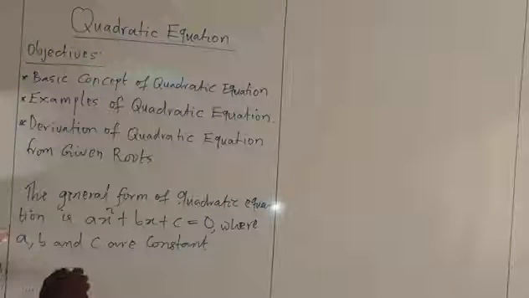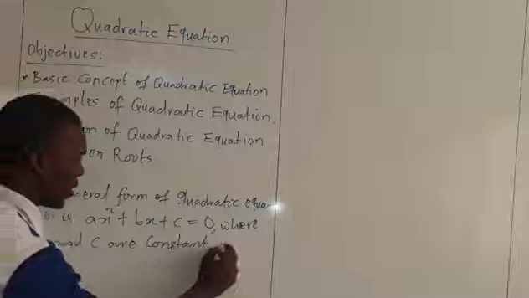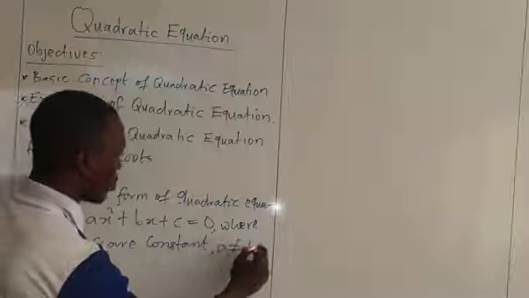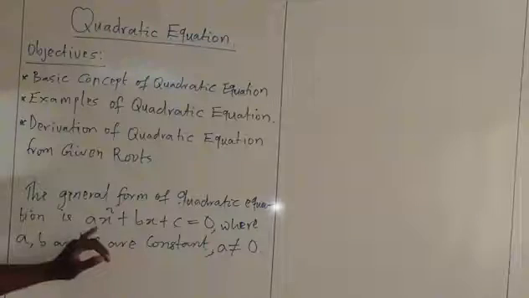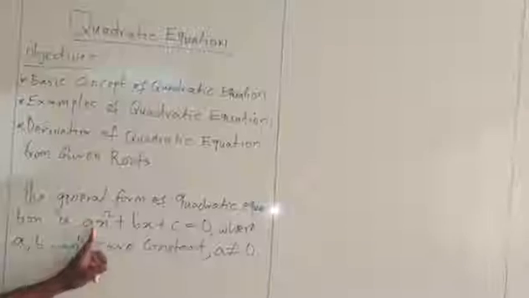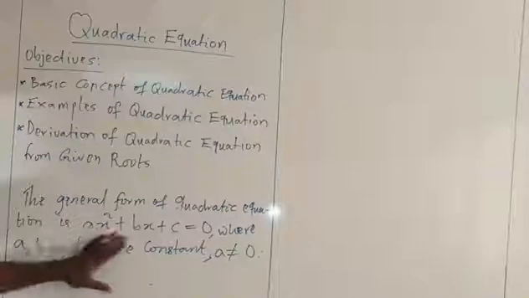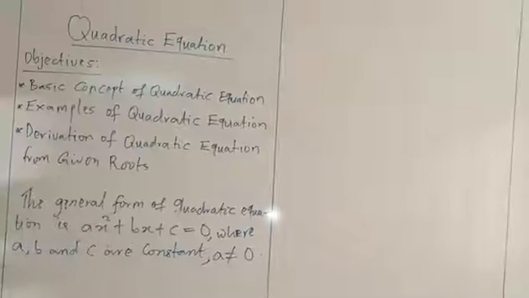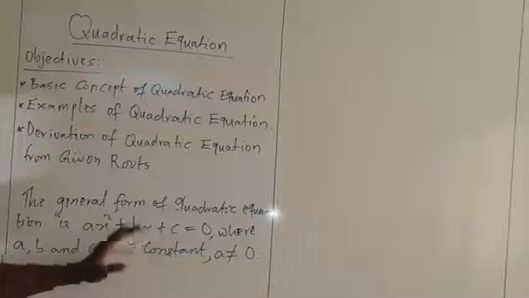But mind you, a must not be equal to 0. That is the condition for a quadratic equation to hold. Because if a is equal to 0, the equation given here will not be a quadratic equation anymore. It will change to a linear equation.